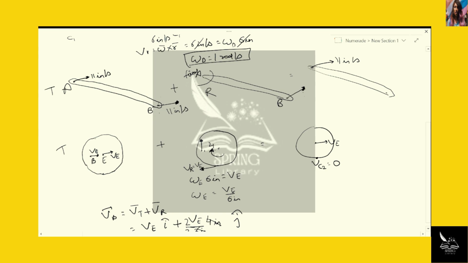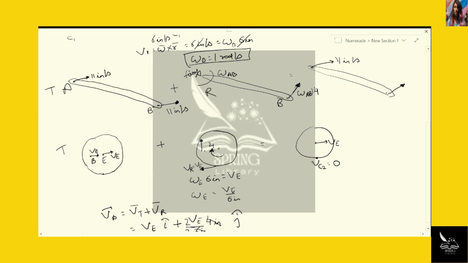This is the net velocity. The rotational velocity is always perpendicular to the radius vector, so it will always be perpendicular to rod AB. If we have an omega AB here, then the magnitude will be omega AB times 14 inches, and this will point perpendicular to the rod.